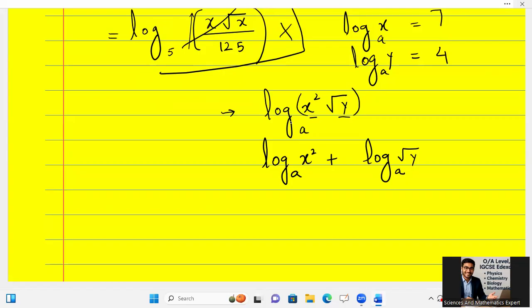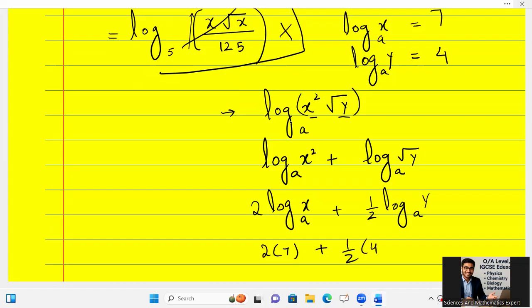As we know, y is having power 1 by 2 and x is having power 2, so 2 will come in the start: 2 log x to the base a plus 1 by 2 log y to the base a. And you have the values. Log x to the base a is 7, log y to the base a is 4, so 2 into 7 plus 1 by 2 into 4 gives 14 plus 2, which is equal to 16.